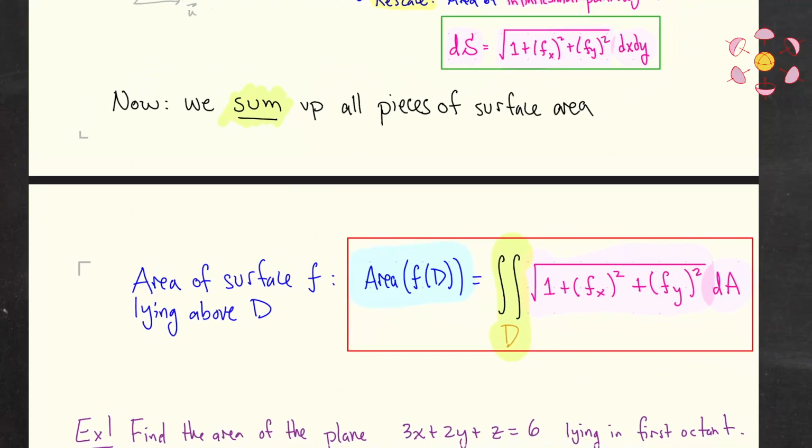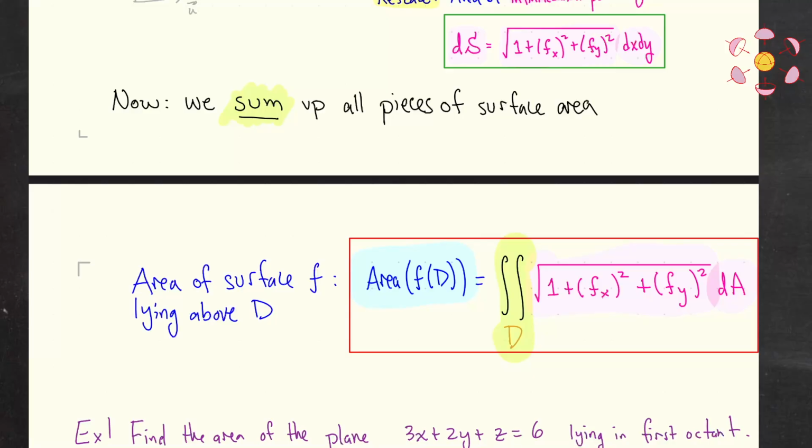We've got area of f of D. So we say that this is the area of the surface f lying above D. And some people like to use this notation fD to being basically the part of the surface above D. So essentially imagine evaluating f at just points on the domain.